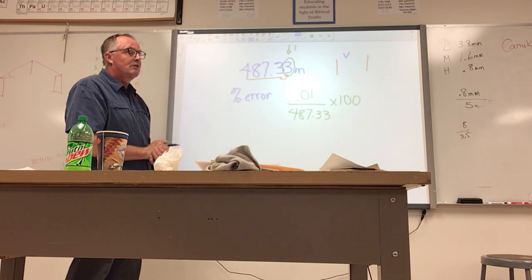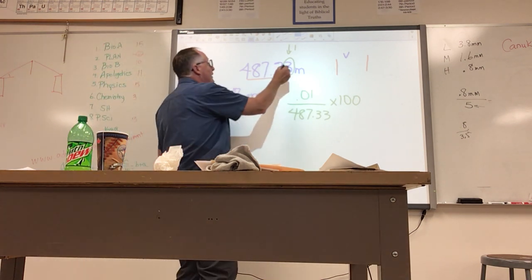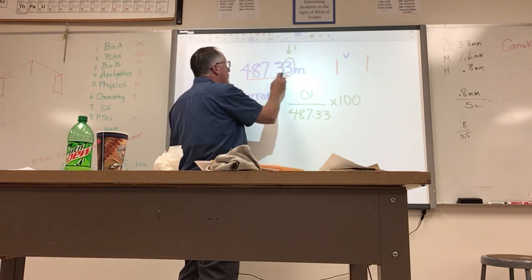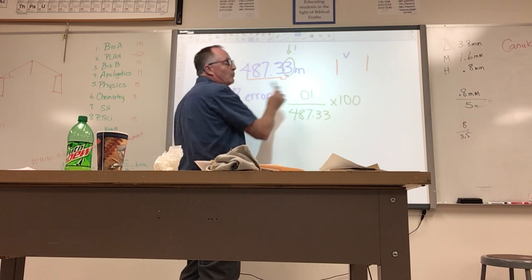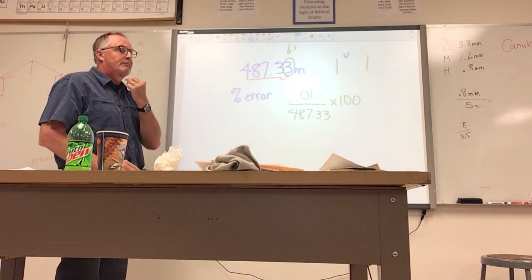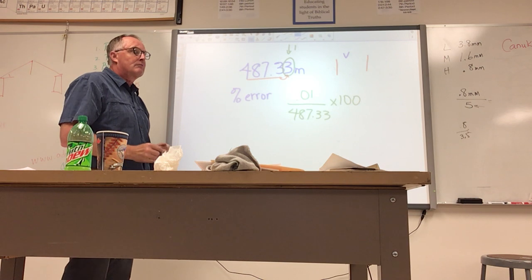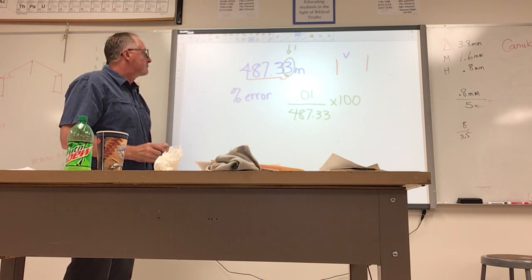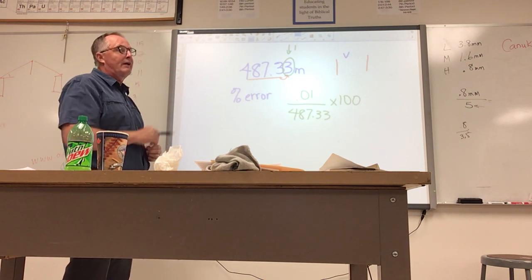Where did you get the 0.01? It's one of whatever the last place is. So this goes to the nearest hundredth, so it'll be 1/100. Even if it's not 3, if it's like 9, it's still not 3. Yeah, it's just one of whatever that is.